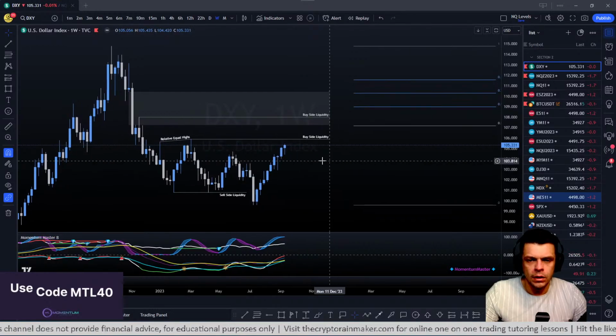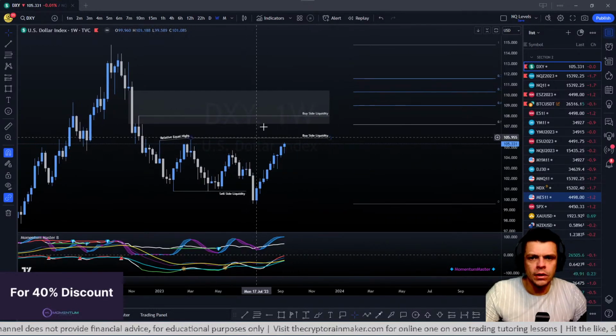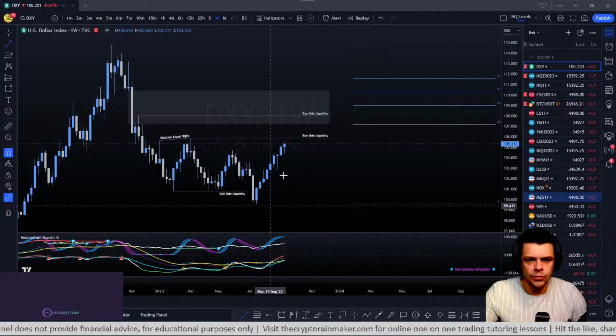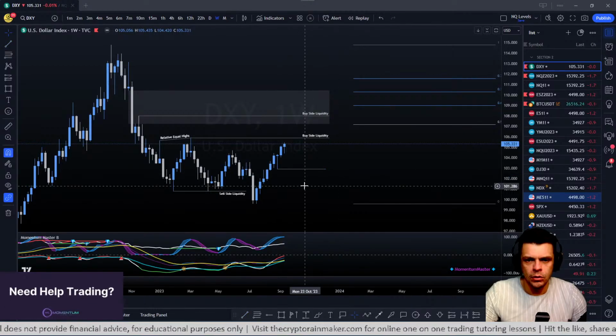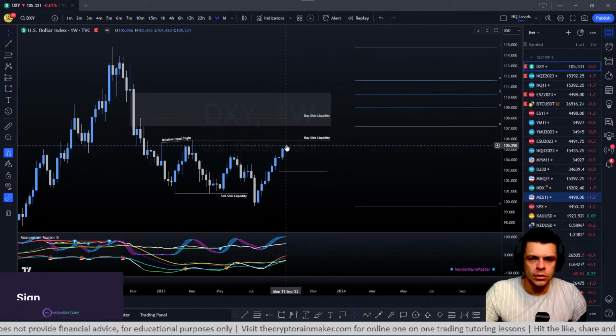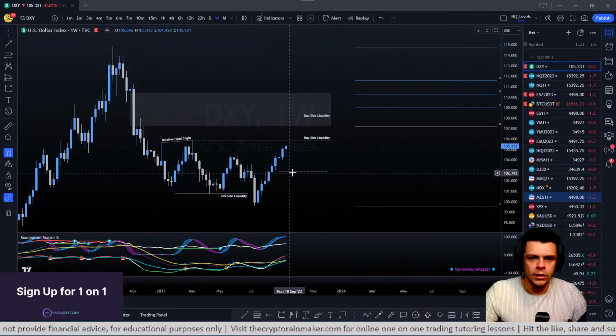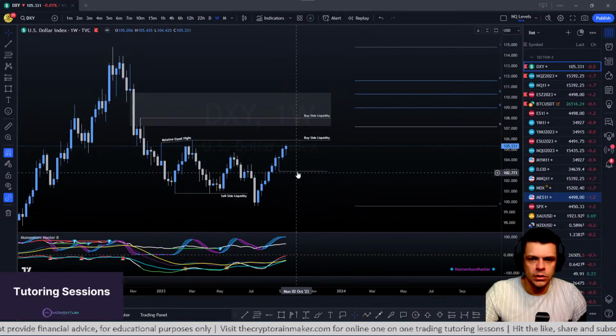There's a low right there, but I think it's going to go for the buy side first before coming back for the sell side liquidity. So as it moves to the upside, it's going to induce more sell stops below this low.